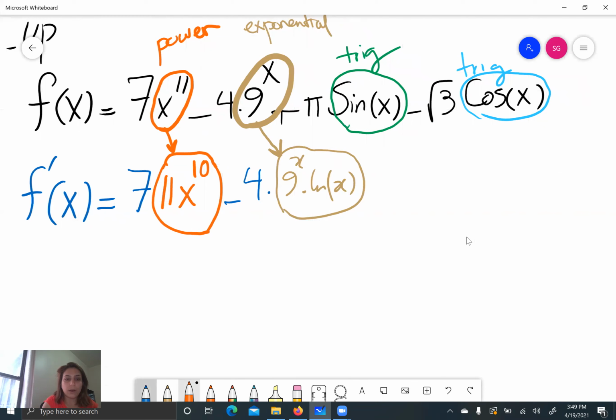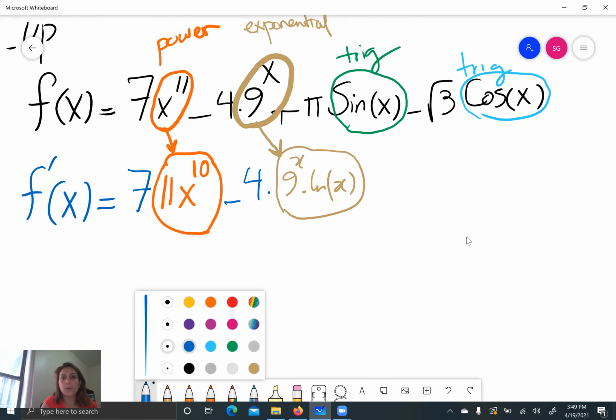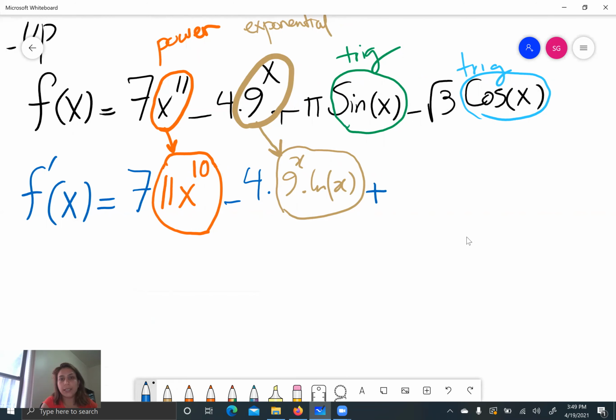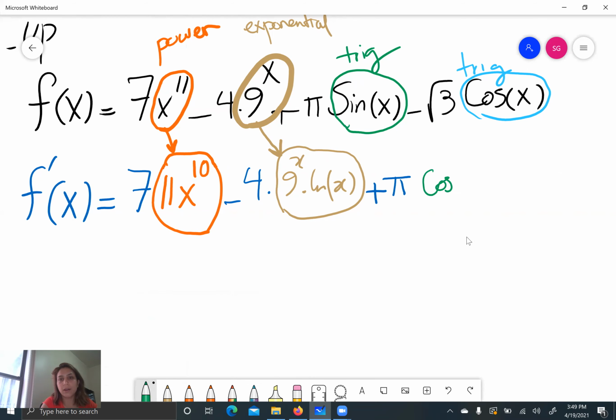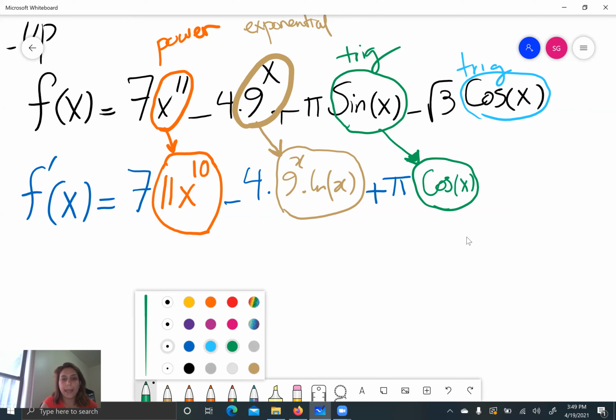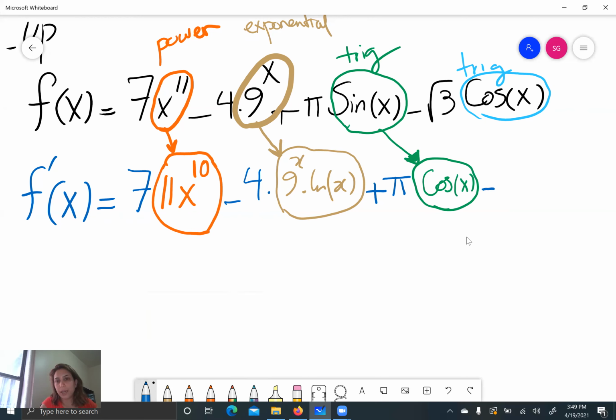Okay, so we go on. The next one, the operation is addition, pi times the derivative of sine. What is the derivative of sine? It is cosine of x. Recall, the derivative of sine is cosine of x. And the last one, first of all, there is a subtraction.